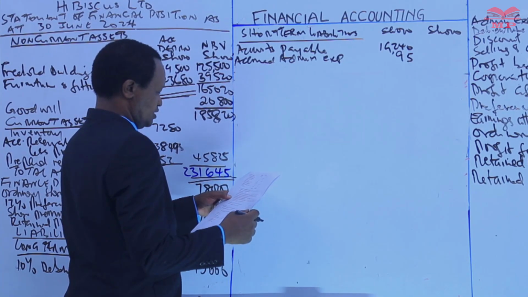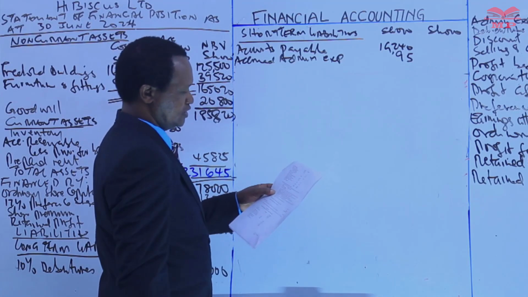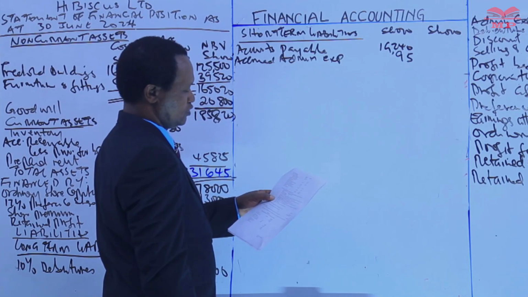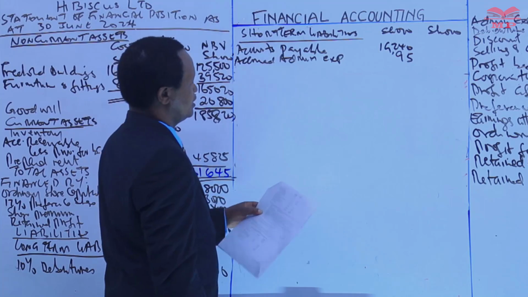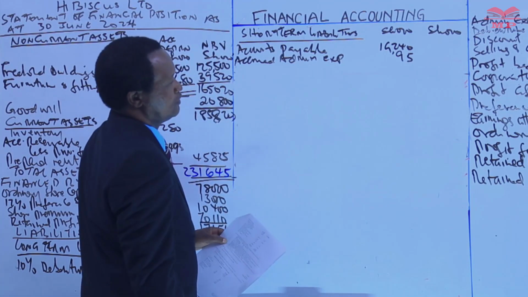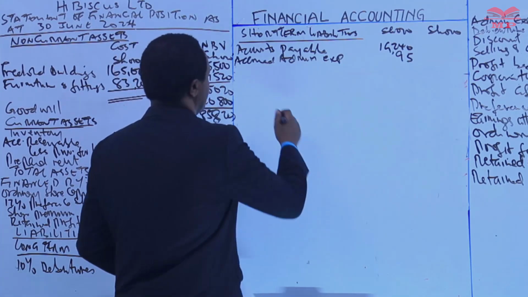The company paid the interest on debentures, which ended 30th June 2024. That one has been paid, so it is not due. But we have ordinary dividend and preference dividend. It has not been paid.